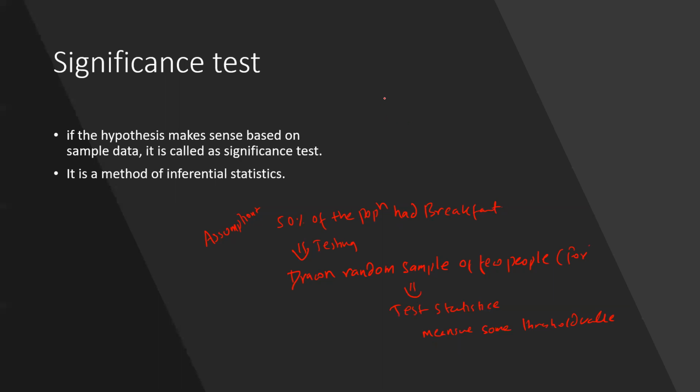That threshold value will be your level of significance. By looking at the level of significance, you can say whether you accept the assumption that 50% had breakfast or not. Based on the level of significance, we determine the test assumption.